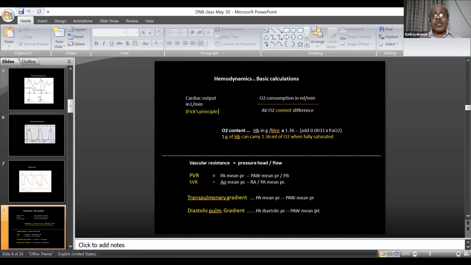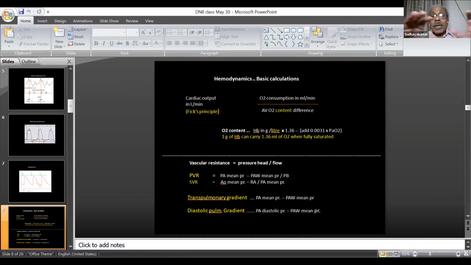Then you have to know the resistance. It is a pressure head. What is the pressure head? To drive blood from one point to another, proximal to distal, divided by the flow occurring in 1 minute over that area. Pulmonary vascular resistance is the flow occurring across the pulmonary capillaries. So it is the pulmonary artery mean pressure minus the pulmonary capillary wedge, or the pulmonary venous mean pressure.